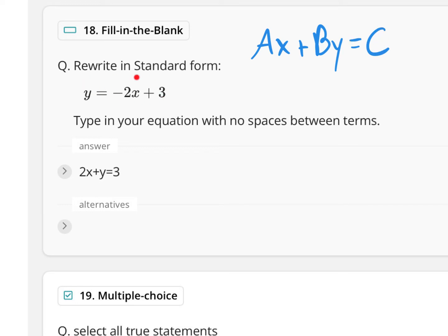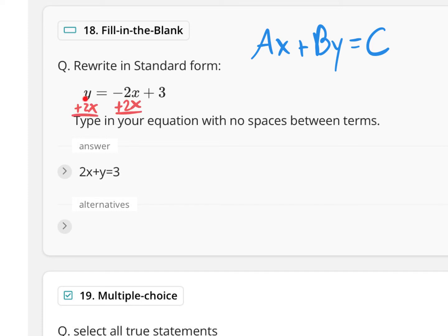So here's your equation, and right now it's in function form. Y is by itself, but you don't want the y by itself. You want your x's and y's on the left side of the equal sign. So I don't want the negative 2x on the right side of the equal sign. I want it on the left side, so I need to get rid of that minus 2x by adding 2x. And what I do to one side, I do to the other side, adding 2x.